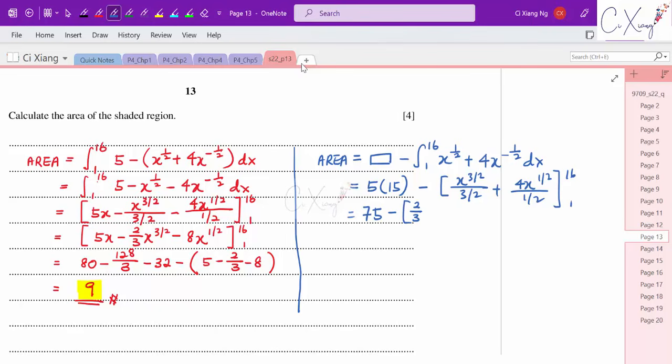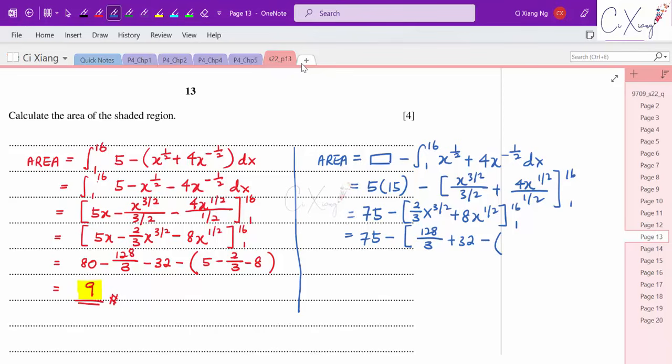Again, before I substitute the value in, I will want to simplify my equation first. So first of all, I substitute the limit 16. When I substitute the limit 16, I will have 128 over 3 and also 32.